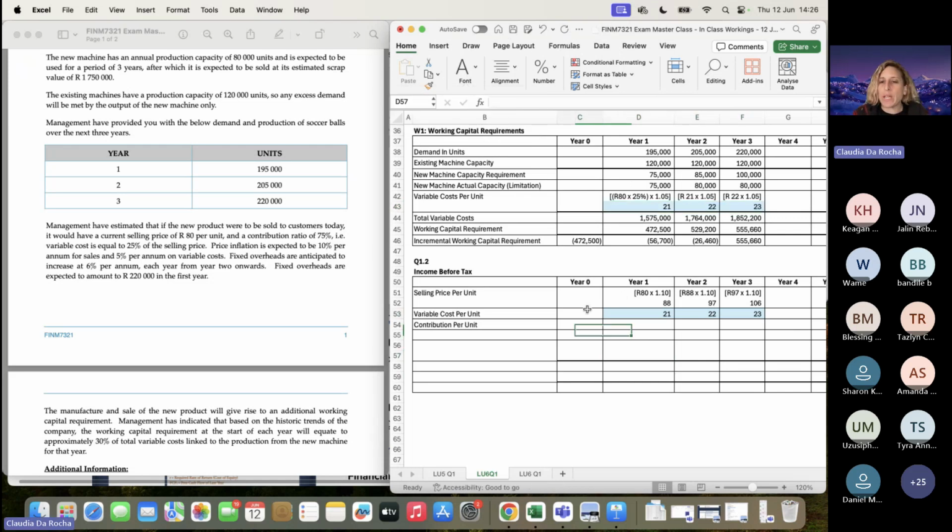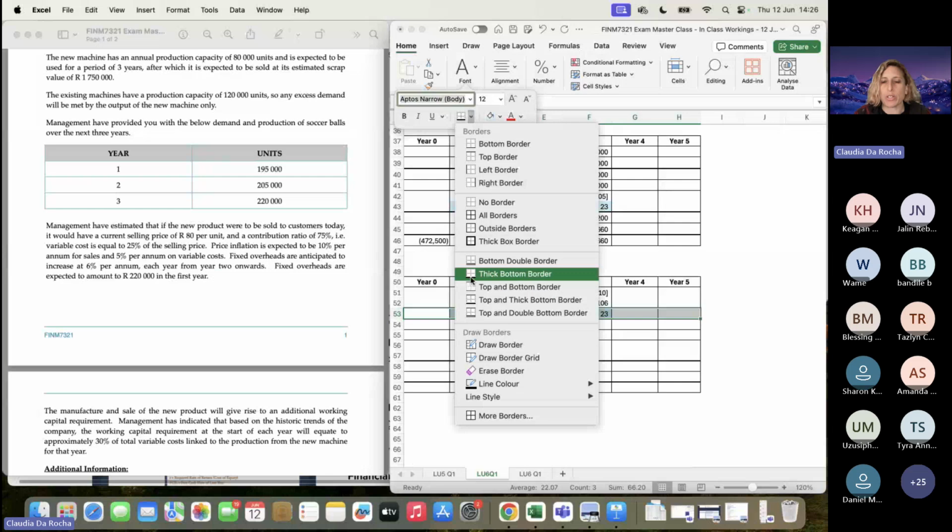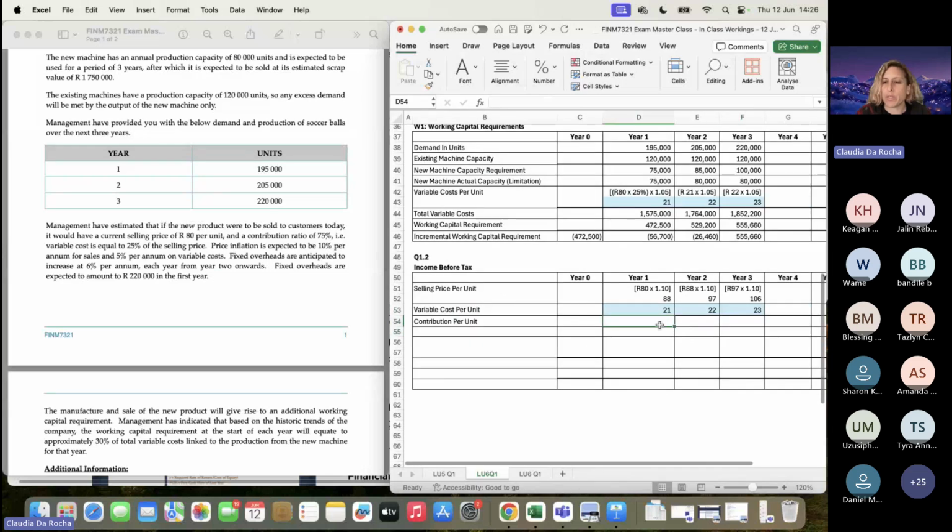Okay, which means now we can calculate our contribution per unit, which we know is selling price less our variable costs. Financial Management 2A principle that we are testing here. Okay, so that's our contribution per unit.